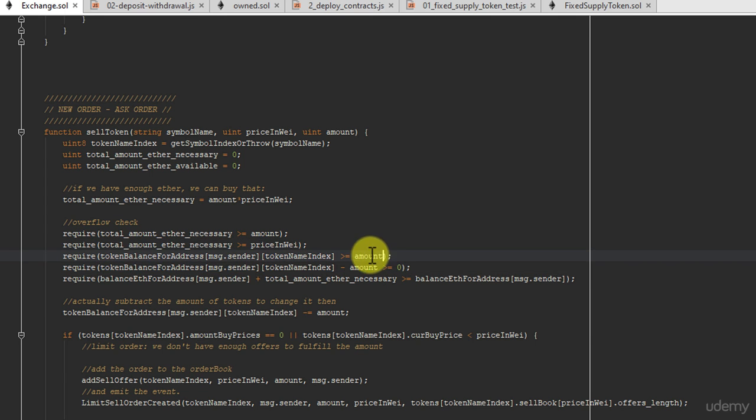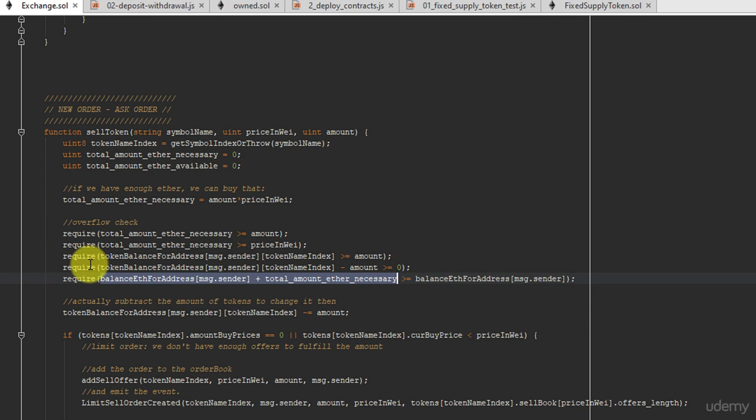This is just a balance check, but the overflow check is also necessary in order to see that we are not overflowing. Now let's check the balance plus the amount for the ether that we are trying to get in order to sell our tokens. So the balance for our address in ether must be smaller than or equal to the balance of our address plus the ether that we are getting through the sale of our token.